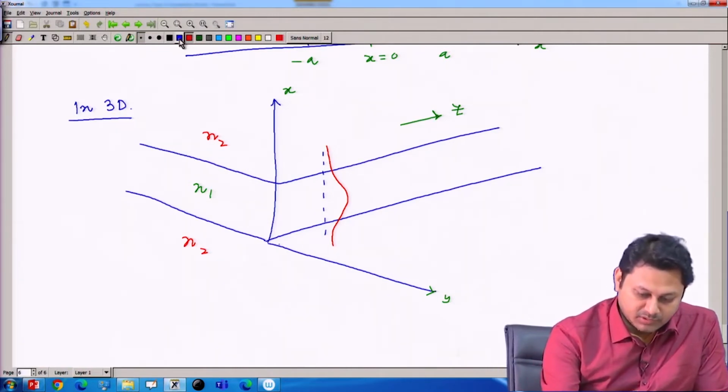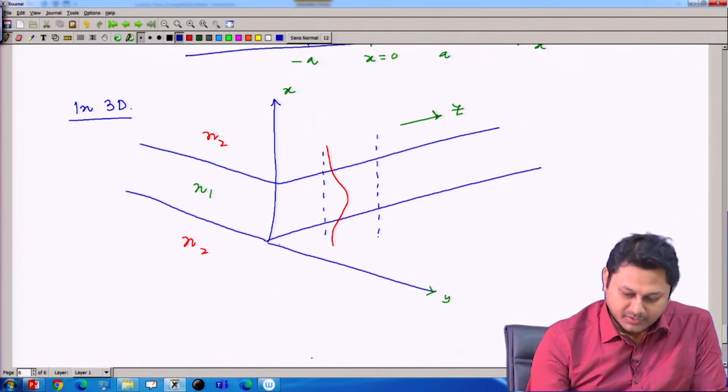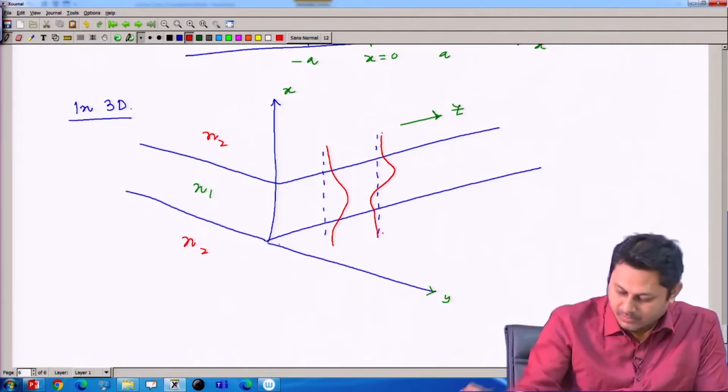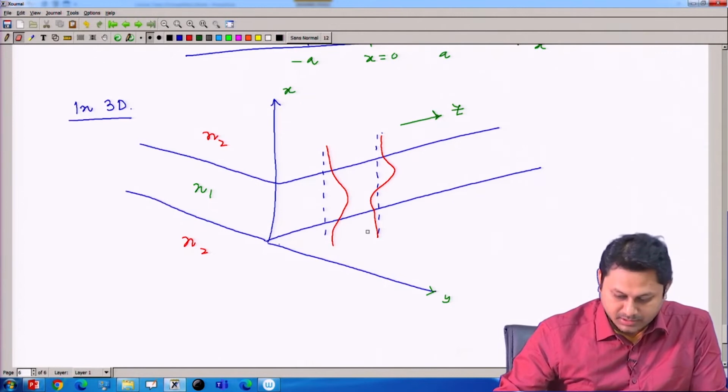For higher order modes, this part I need to draw once again.